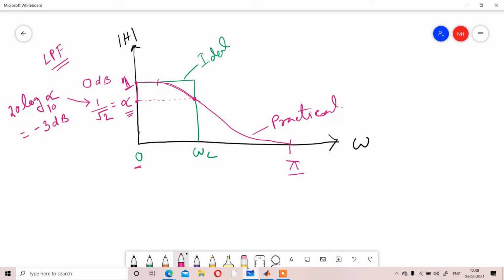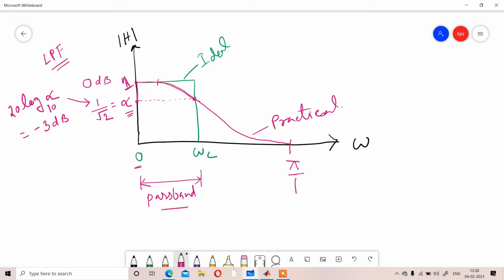Within that range, whatever changes happen to the filter are allowable. Keep in mind, this part is called the pass band, meaning we are going to pass that frequency through the filter. After that, this part must be the stop band, but not quite.